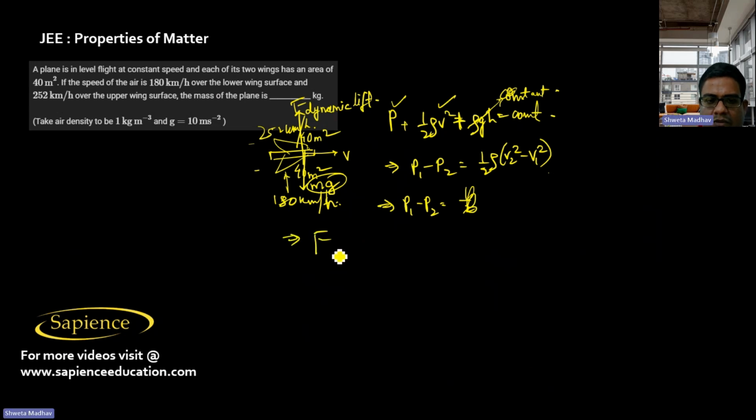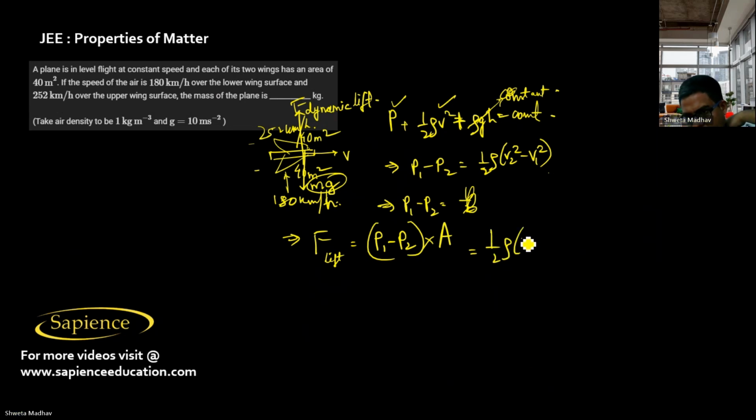So this lift force is equal to P1 minus P2 into A, where A is the area of the wings, and that will be equal to half into rho into V2 square minus V1 square into A, where A is the area of the two wings, and that should be equal to mg.